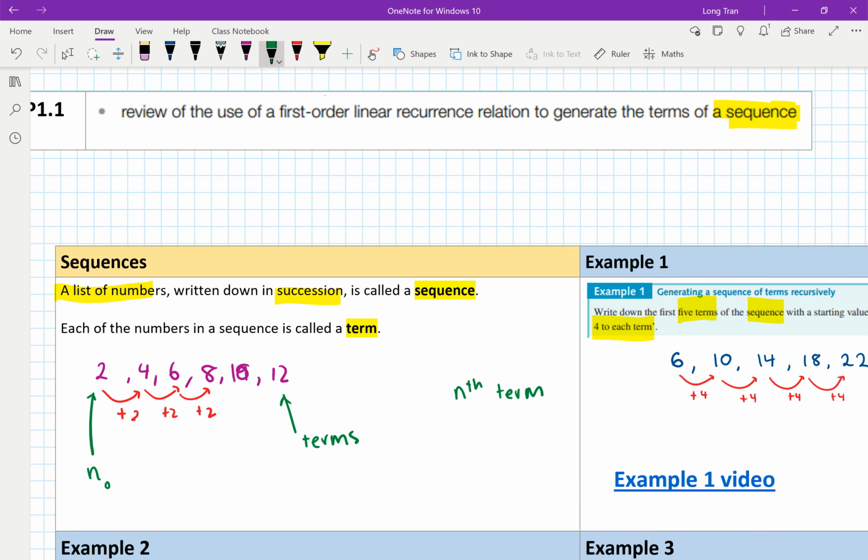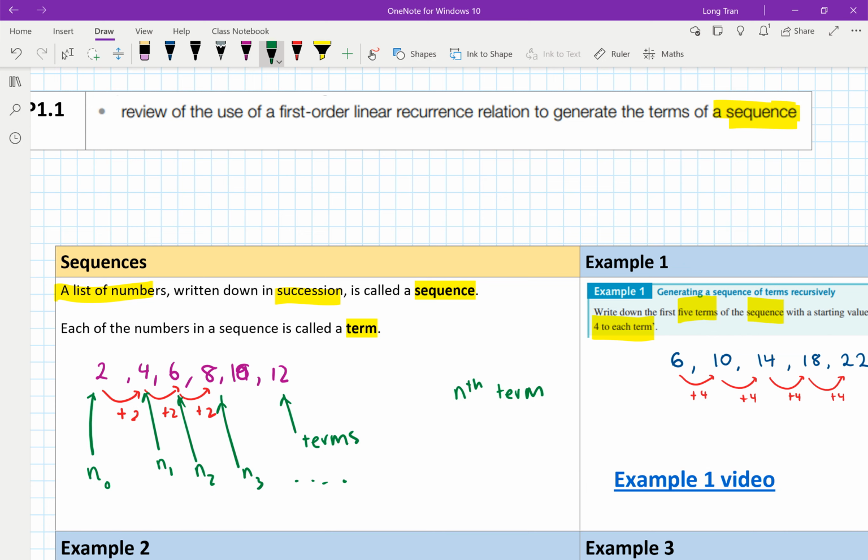Whereas afterwards, every other term we label with a subscript: n1 for the second one, but really it's the first one after the original person. And then n2, n3, and it goes on infinitely. So you're going to learn in 8B how to utilize those nth variables. At the moment, you're just learning sequence.